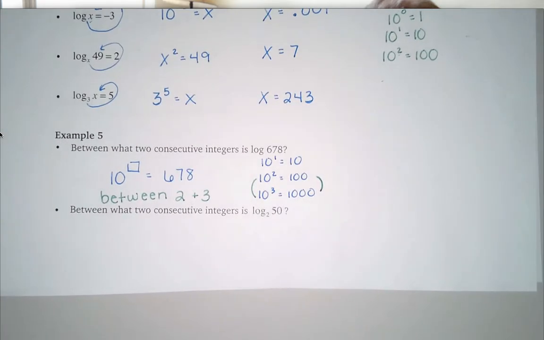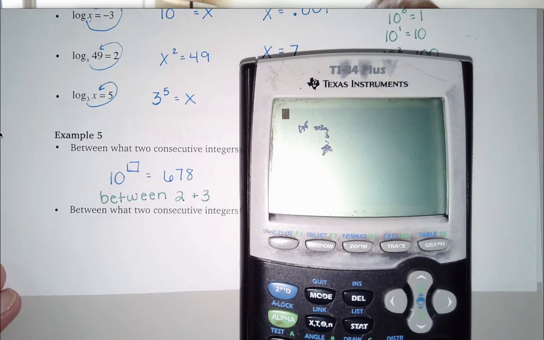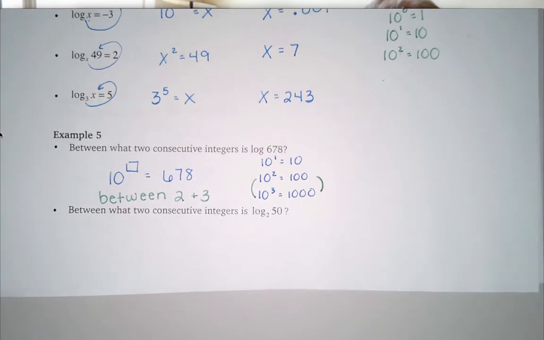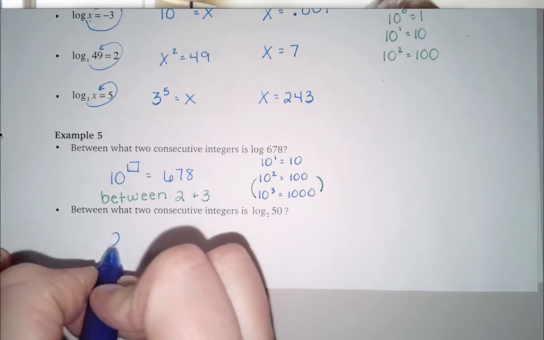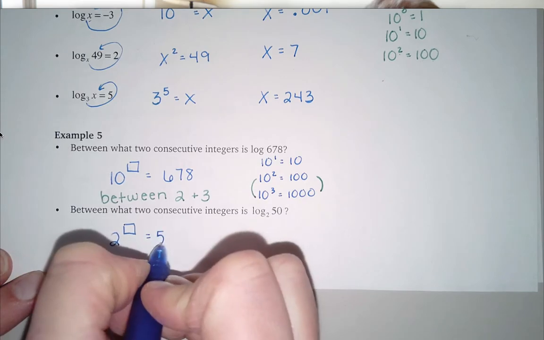Now, that one would actually work in a calculator, because it's a common log. So I could just type in log of 678, and my calculator is going to tell me 2.83, which is, in fact, between 2 and 3. Next one we're not going to be able to use our calculator for so much. In this one, really what I'm asking is 2 to the power of what makes 50?